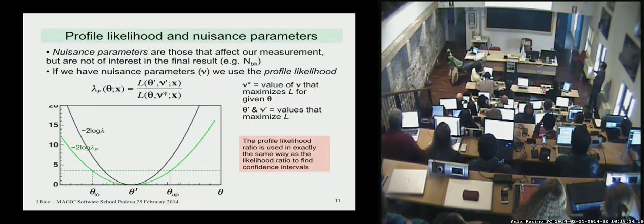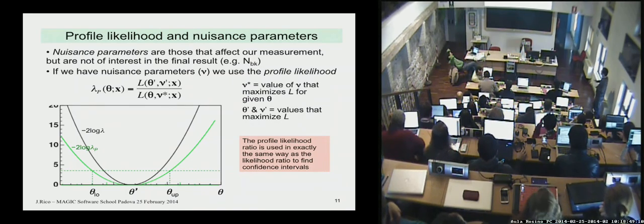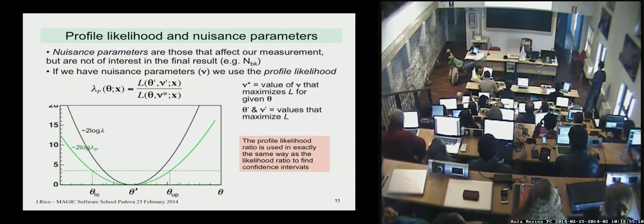So the presence of nuisance parameters, with respect to the case where we don't or we fix them, makes the minus 2 log lambda wider, and then it widens correspondingly the size of the confidence interval. But they have the same in principle.